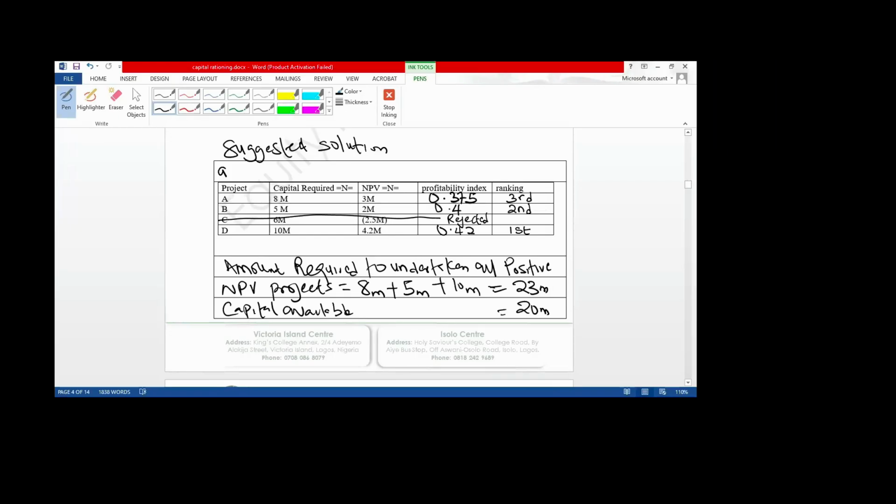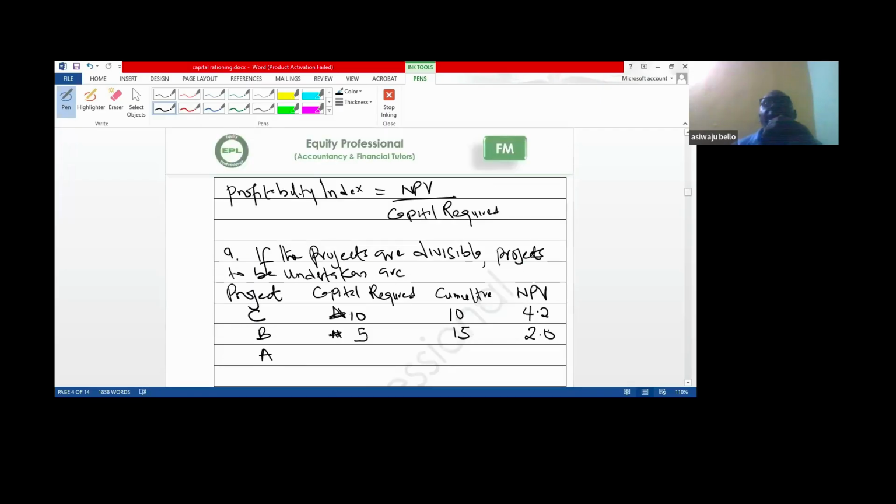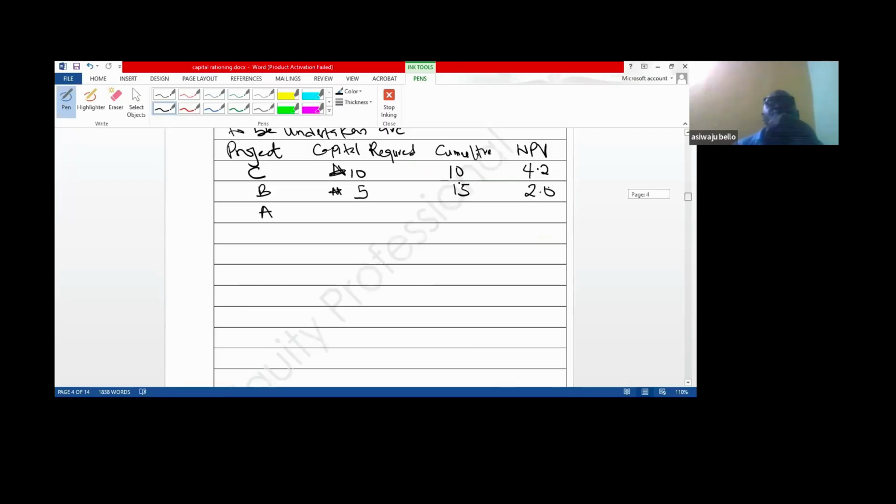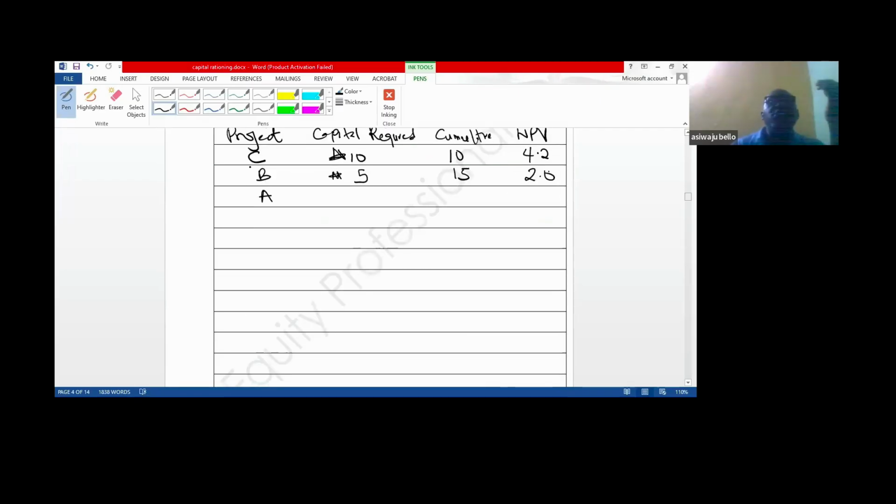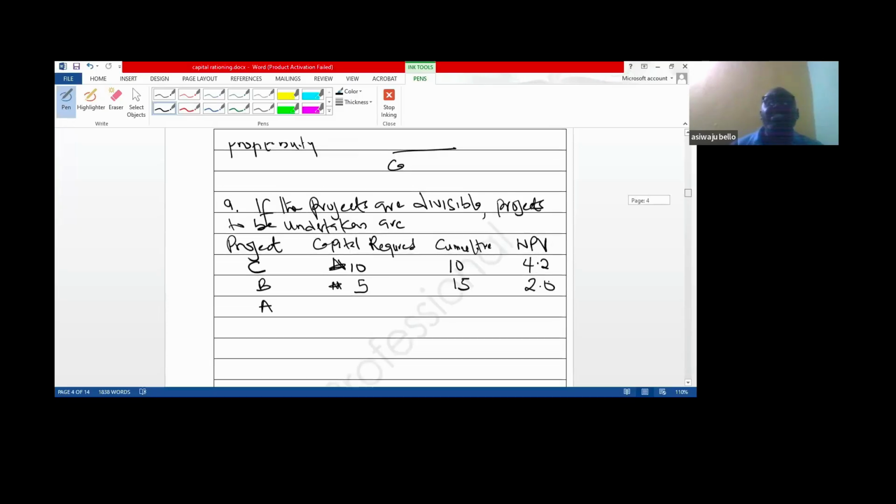Okay. Now, out of 20 million, we have spent 15 million for projects. We are going to spend 10 million for project D, 5 million for project B. Then for project A, we require 8 million. That means we cannot do the project A complete. Examiner says this project is divisible.